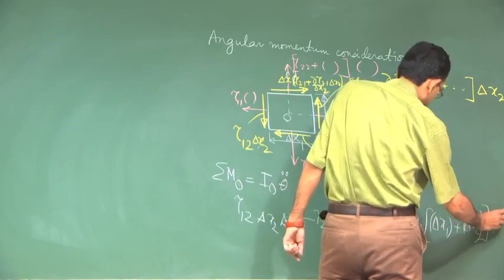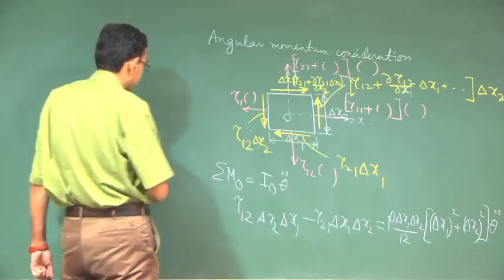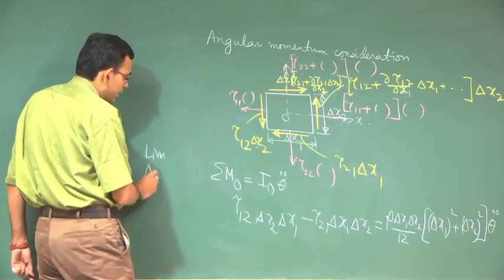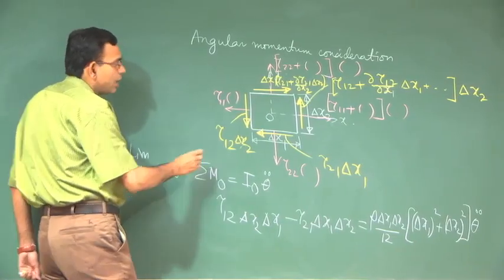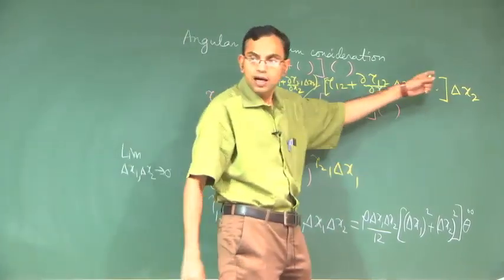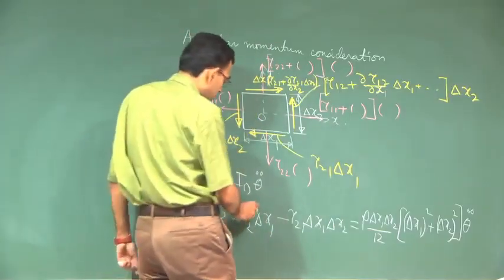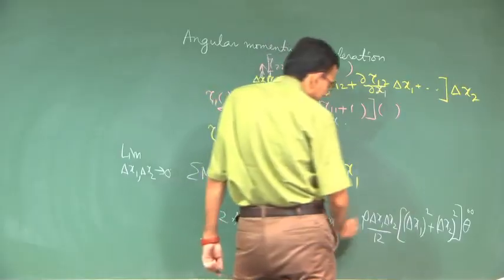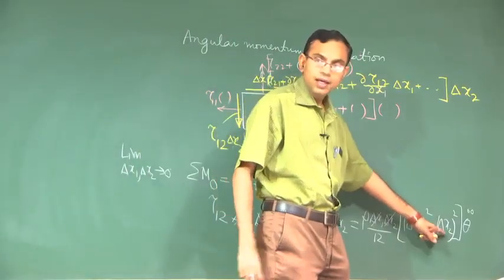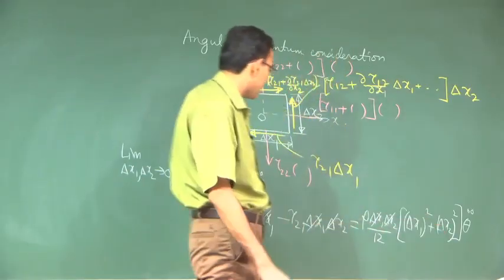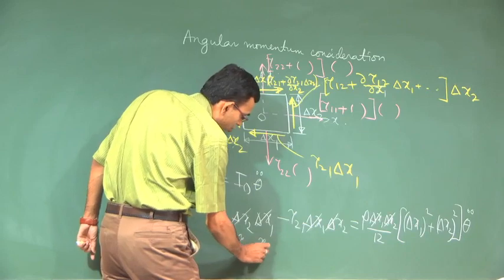Now, you take the limit as delta x1, delta x2 tend to 0, which partially we have already taken to ignore the higher order terms. Then if you cancel these ones, because these are tending to 0, they are not equal to 0, the remaining right hand side becomes 0. So, you have tau 12 equal to tau 21.